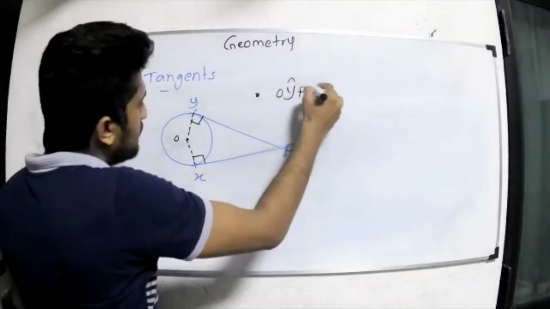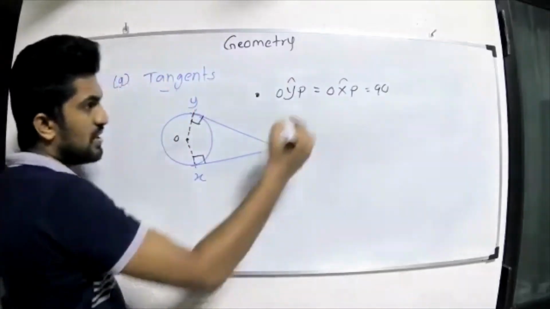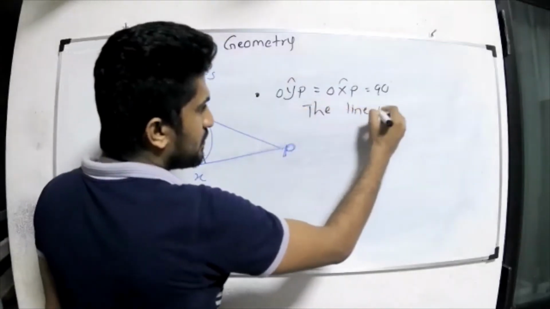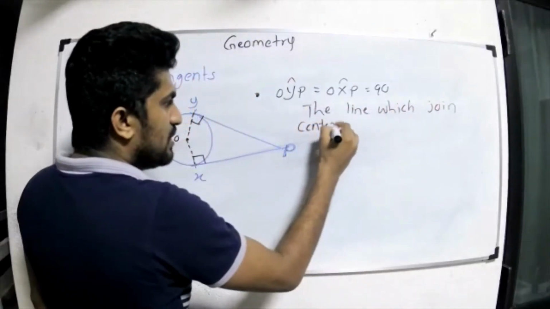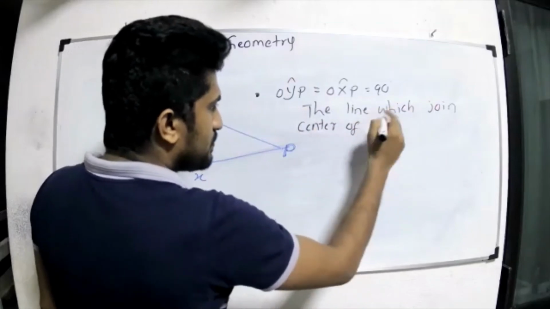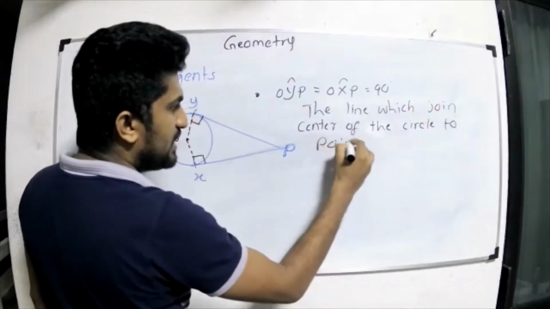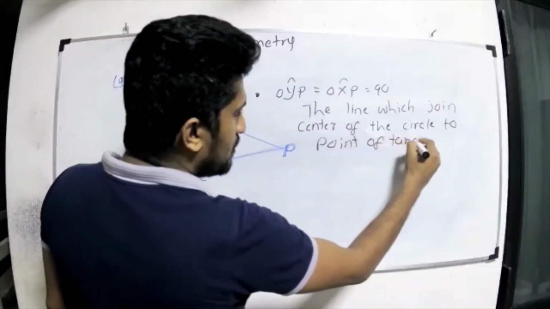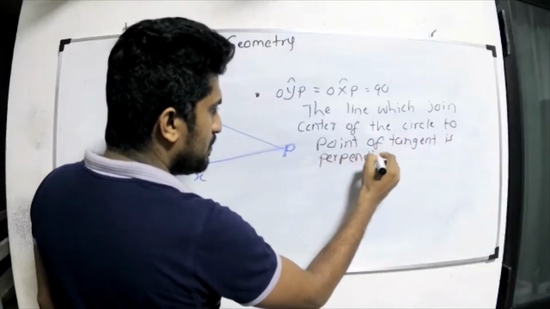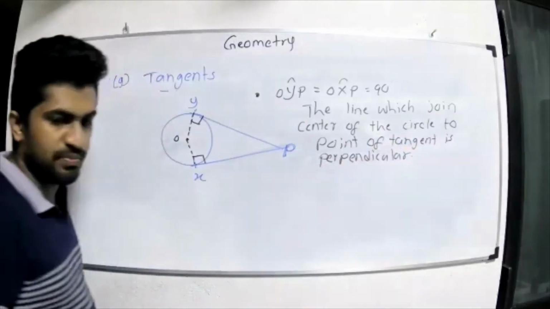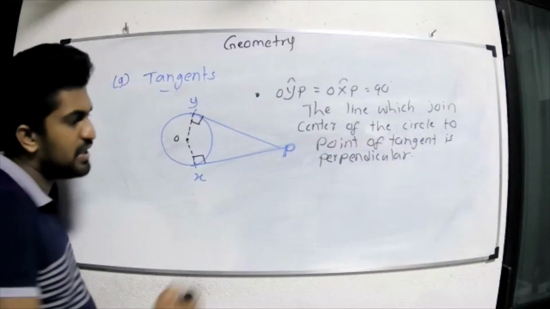OYP equals OXP equals 90. That is the first theorem.